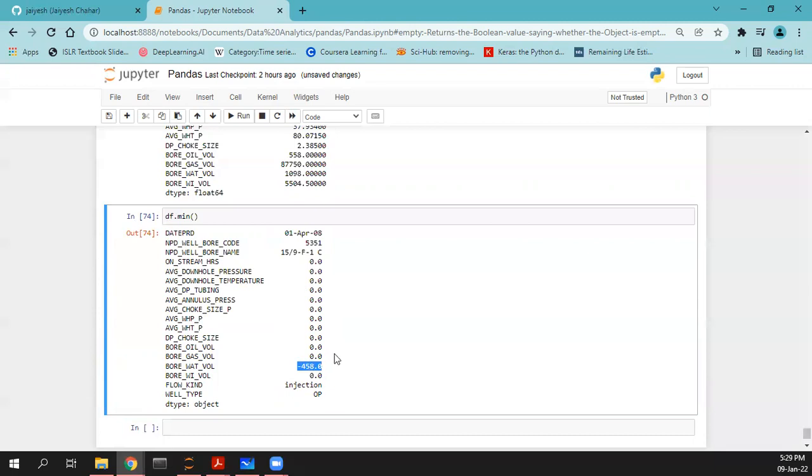If we use mean for calculating over the whole data, here there are 15,000 points, so this minus 458 doesn't make any real effect. But for example, if there are only 10 points, and one of the points is this minus 458, that is an outlier, and it will affect your mean by a large amount.